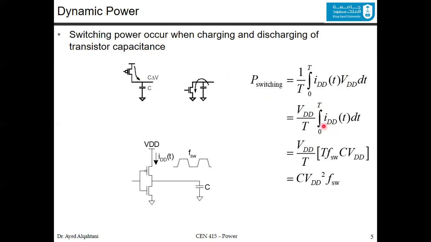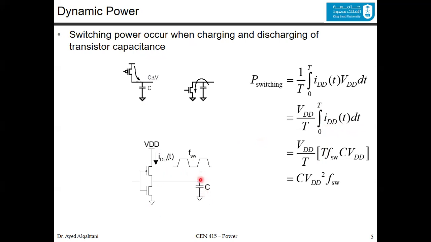Now this integration from time 0 to T of the current is affected by the window of time, which is T, and the amount of current that you are having based on the amount of capacitance.